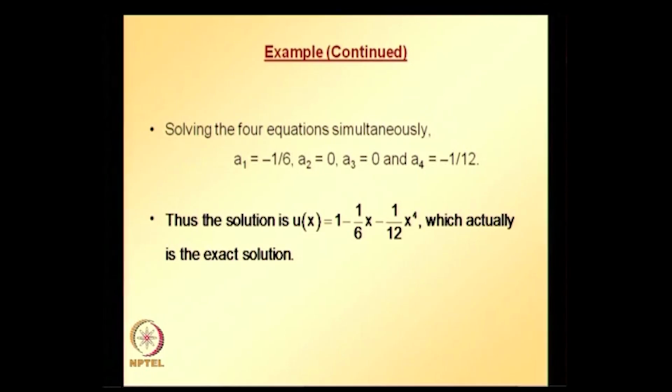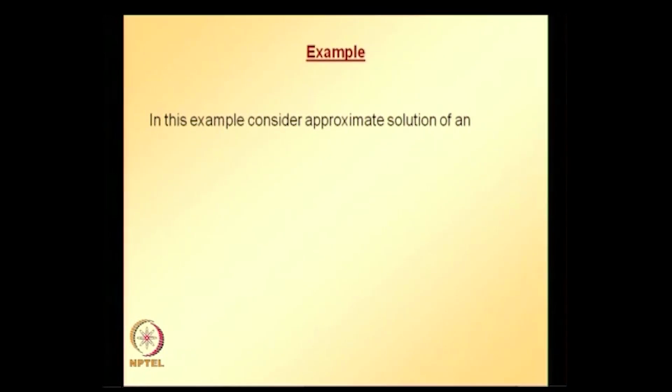And I will show you the next example, on an eigenvalue problem. Why is it an eigenvalue problem? If you see this differential equation, you have one quantity lambda, and because of that it becomes an eigenvalue problem.